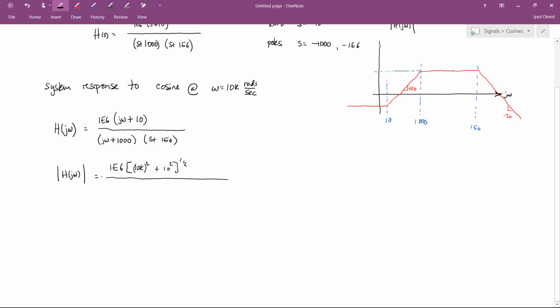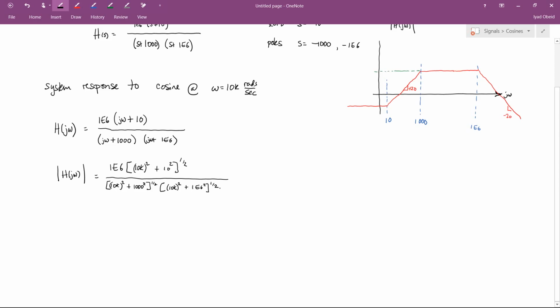And the denominator is going to be the square root of 10k squared plus 1000 squared, times, oh my goodness, almost done. Oops, I made a mistake. Instead of s, that should have been j omega, and so that's my frequency of interest: the square root of 10k squared plus 1e6 squared.